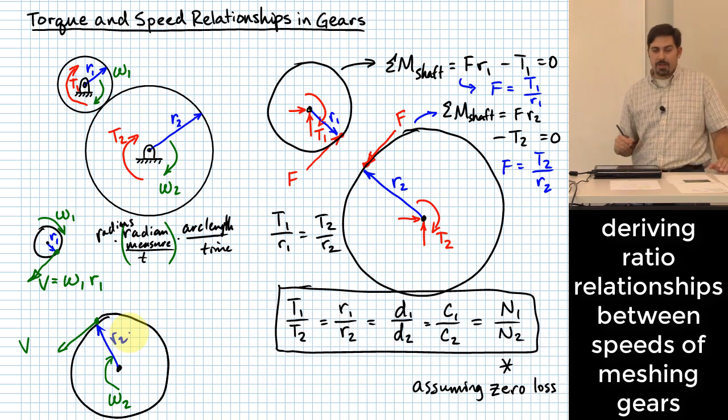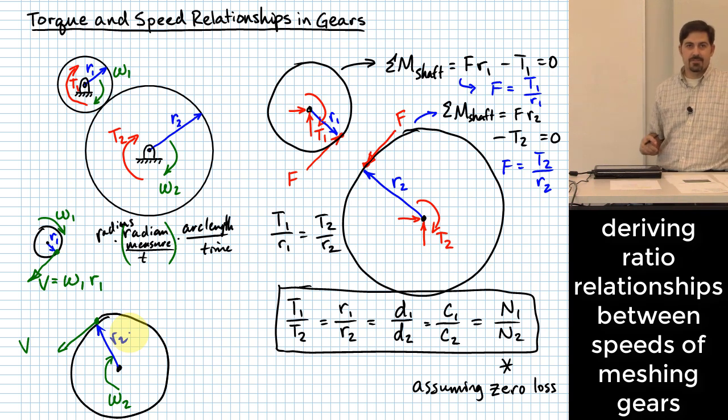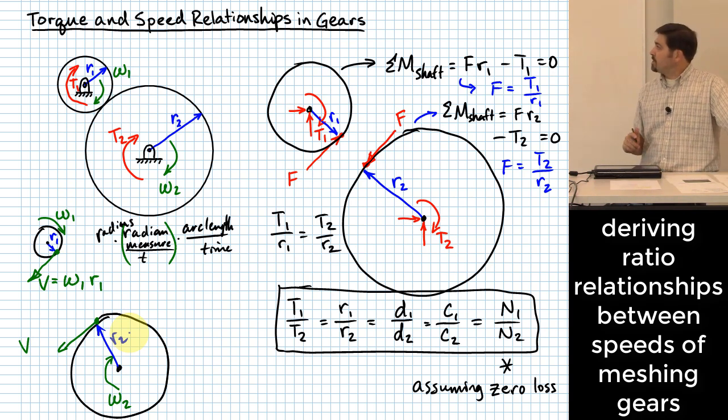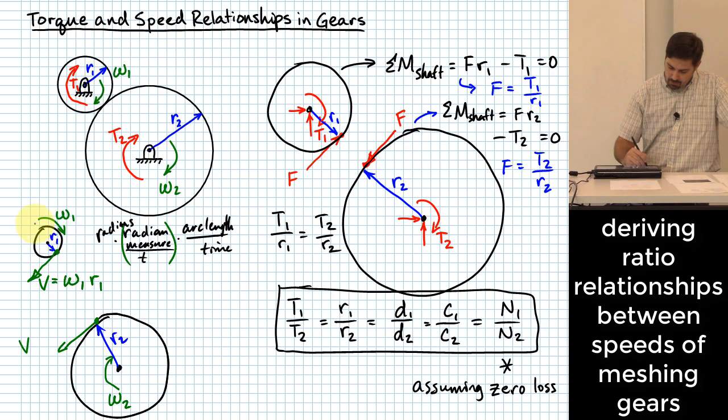But there is a problem here. What is it? The first one made total sense: omega is going clockwise, and that looks like the same direction I drew my velocity. What about this one? Omega 2 is going clockwise, but I drew my velocity this way. So in order to make this work, this had better be equal to minus omega 2 r2.